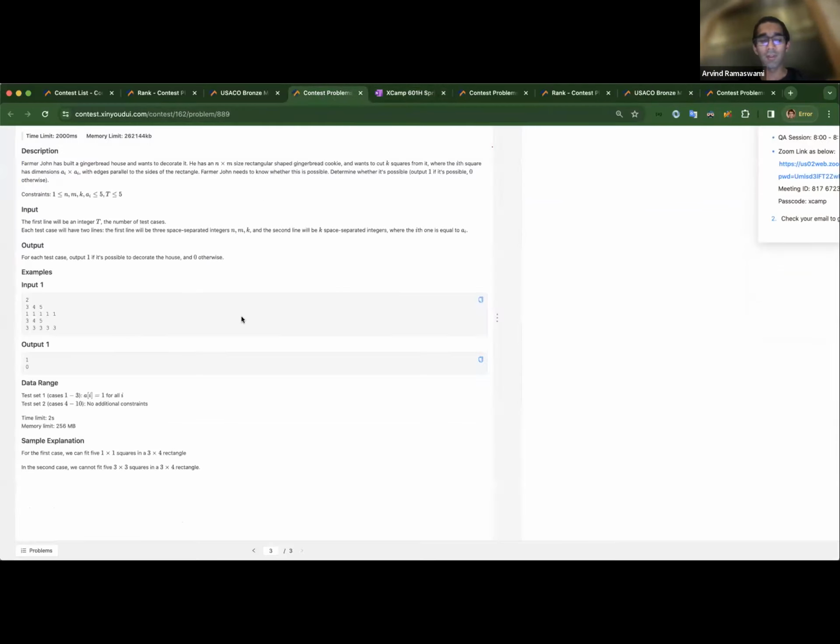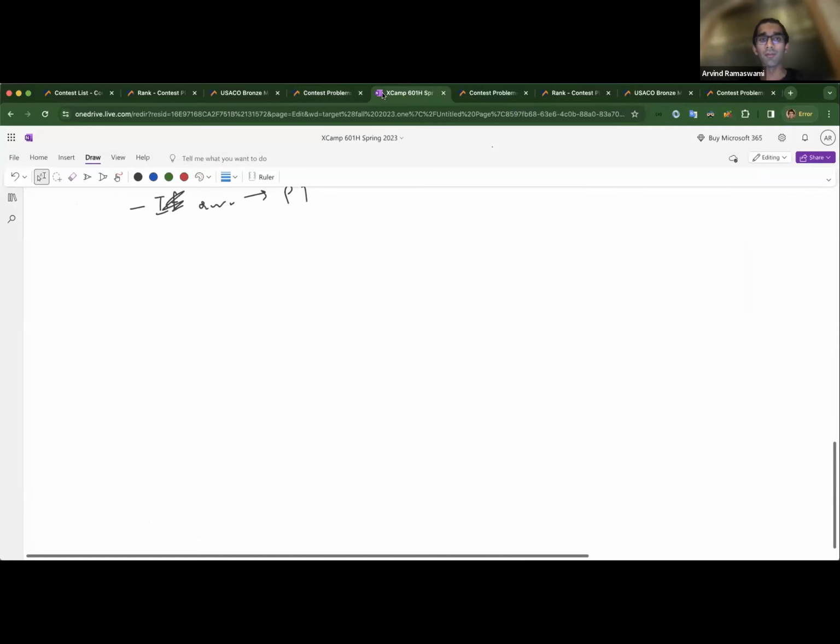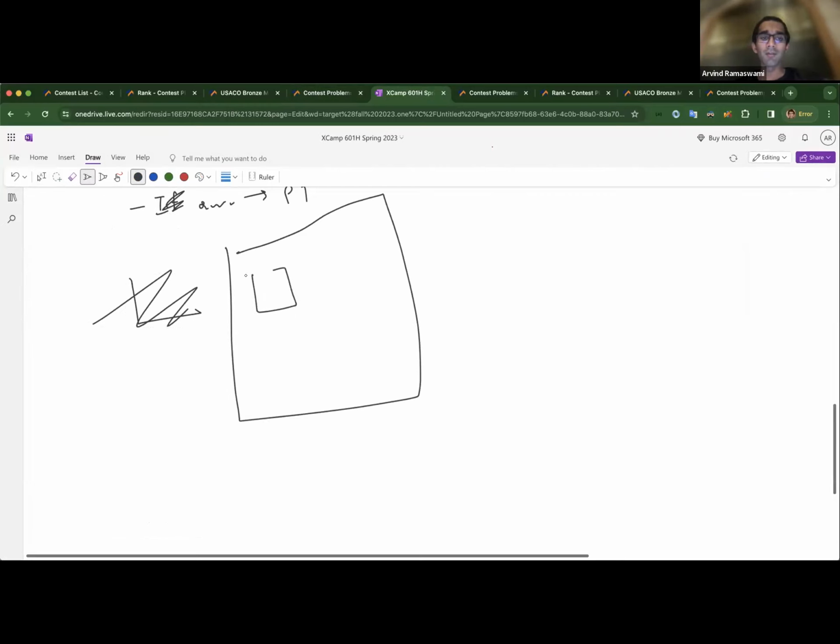If I draw a picture, how you should think of it is you're thinking of a place to put the first square, and then a place to put the second square, and then the next square, next square, next square.